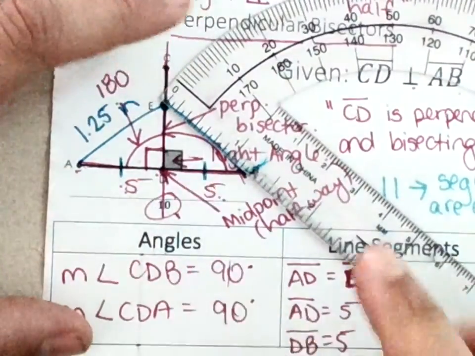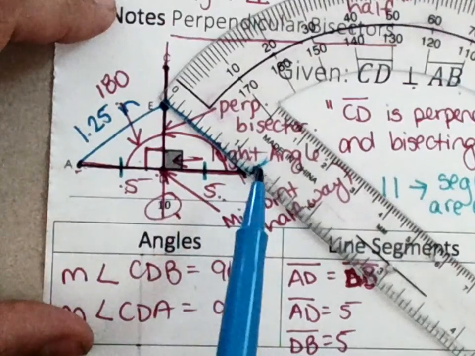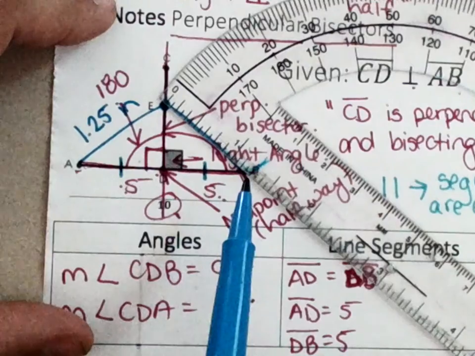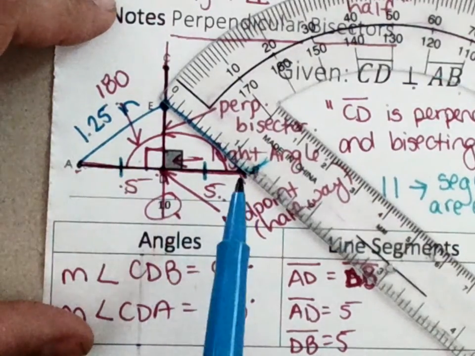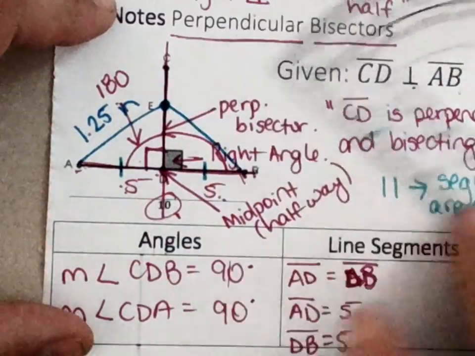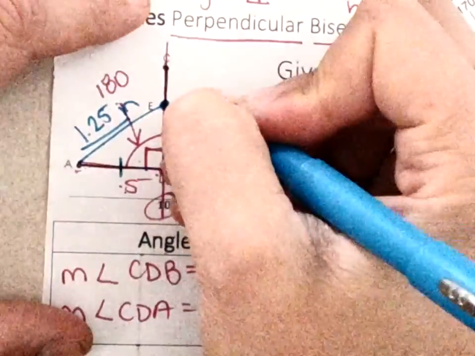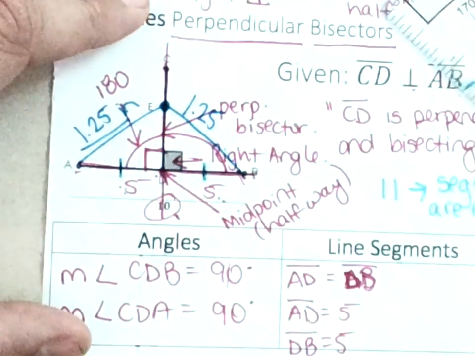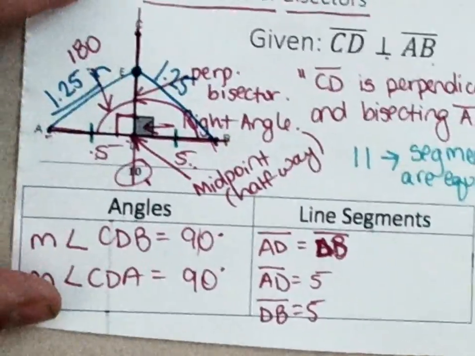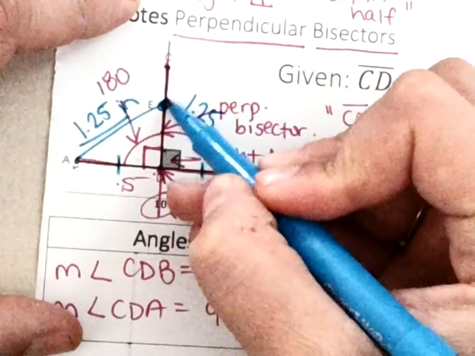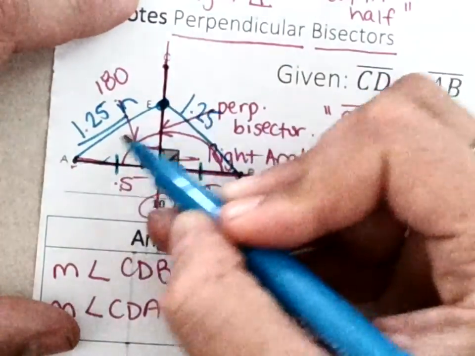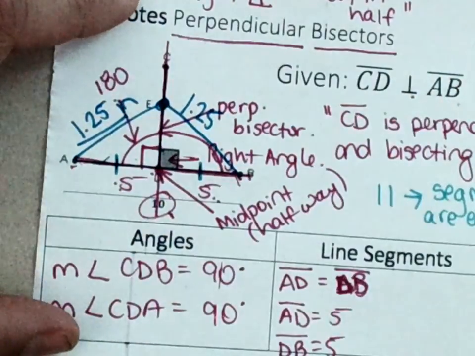So here we have it at 0. Again, here's the blue mark that I marked for this side. You'll see that the blue mark lines up with the end point on the other side of this line segment. Therefore, this is the same length. So this is 1.25, and this is also 1.25. So you can always conclude that the point on the line that's bisecting is equidistant to the end points of the line that it is bisecting.